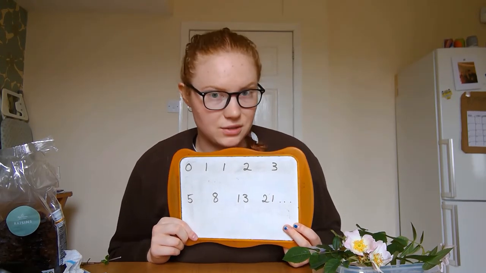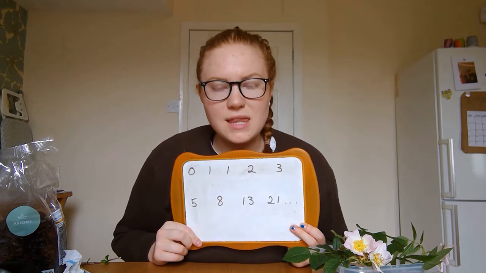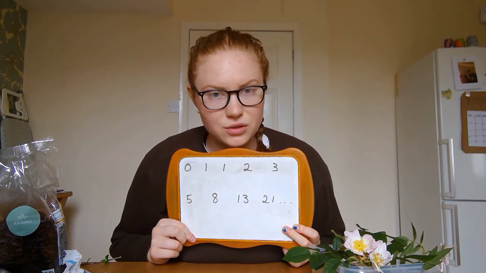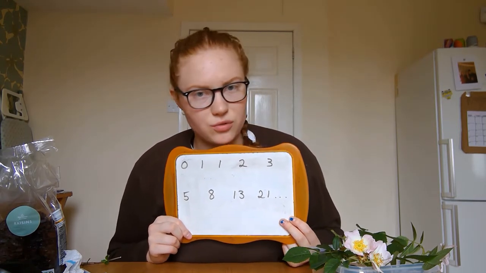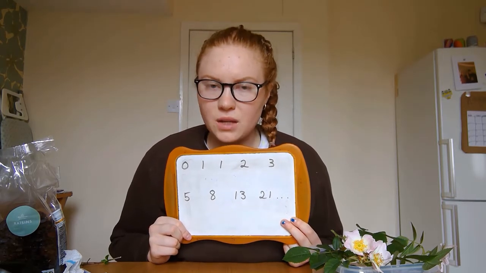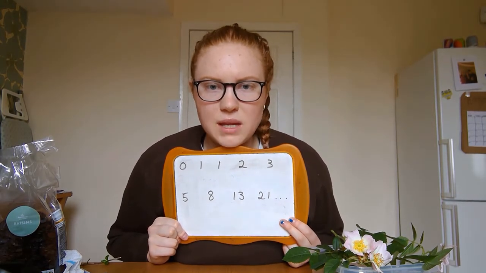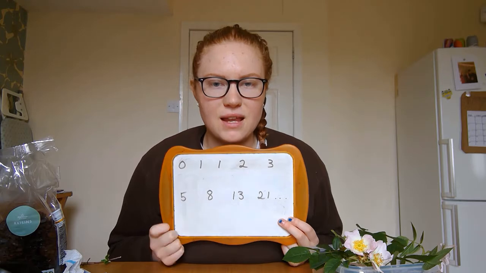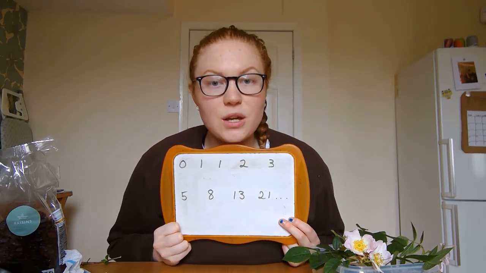Maybe the number of petals of a flower, or maybe they influence the angles at which branches grow or seeds grow. I've got a few examples that we can try and see if they fit the Fibonacci sequence. Shall we have a go?